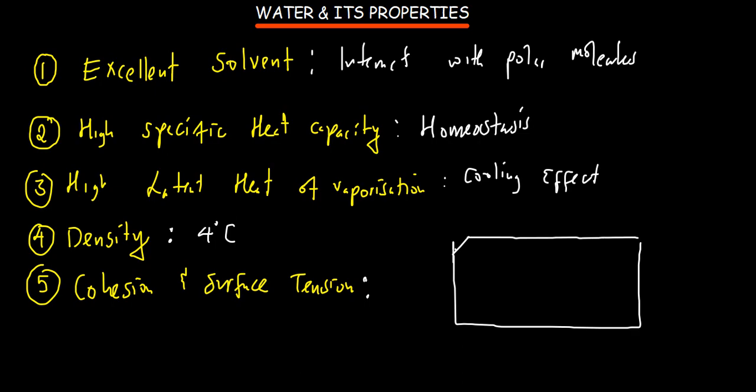They form more like a glass on top because each water molecule is attracted to another water molecule, bonded to another, bonded to another, so they are holding together like that.